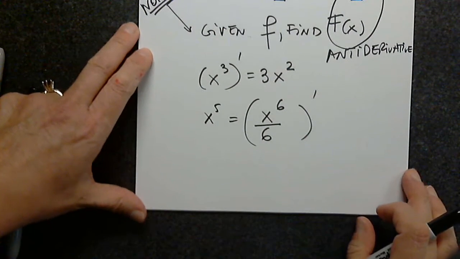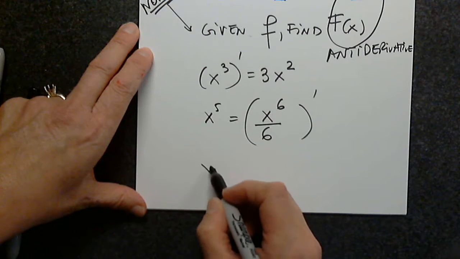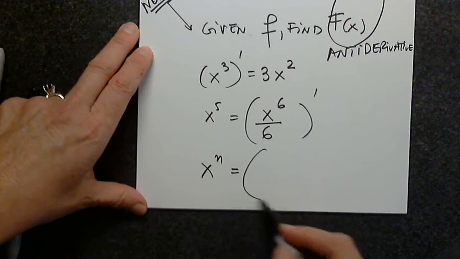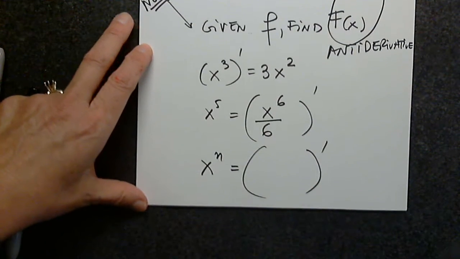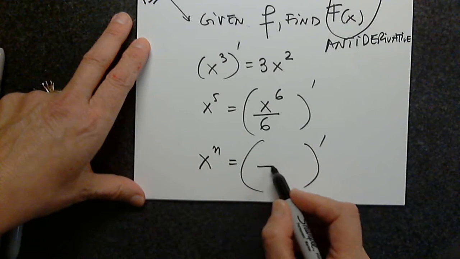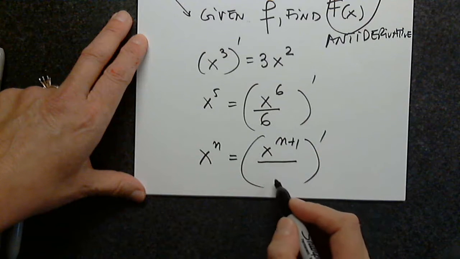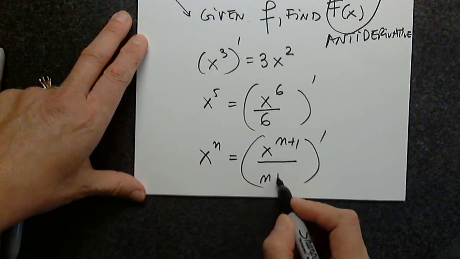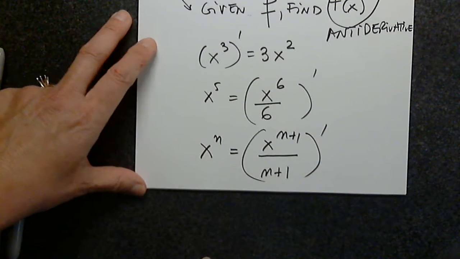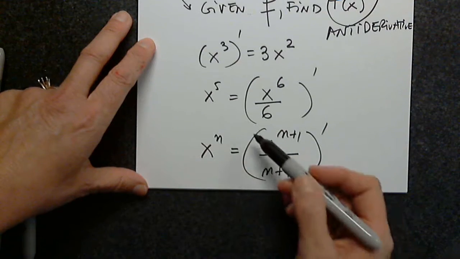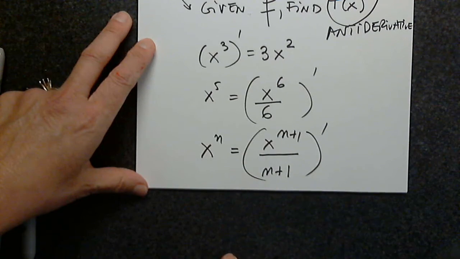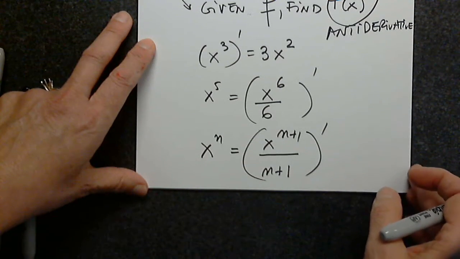So in general, we say that x to the nth is which function prime? X to n plus 1 over n plus 1. We bring n plus 1, we simplify, and we get x to the nth, subtracting 1 from the power. Plus c. Yes, for the most general.